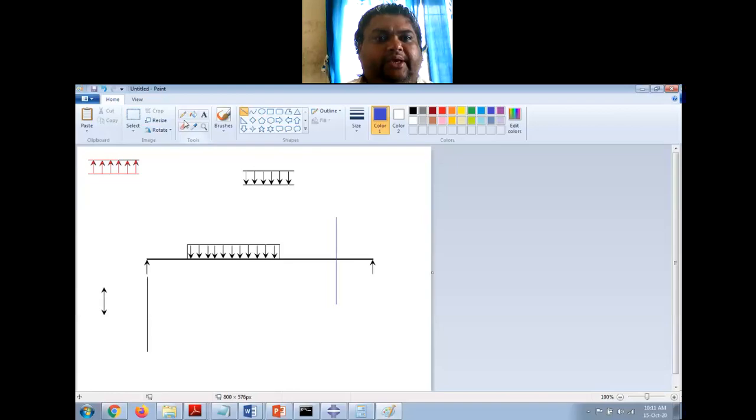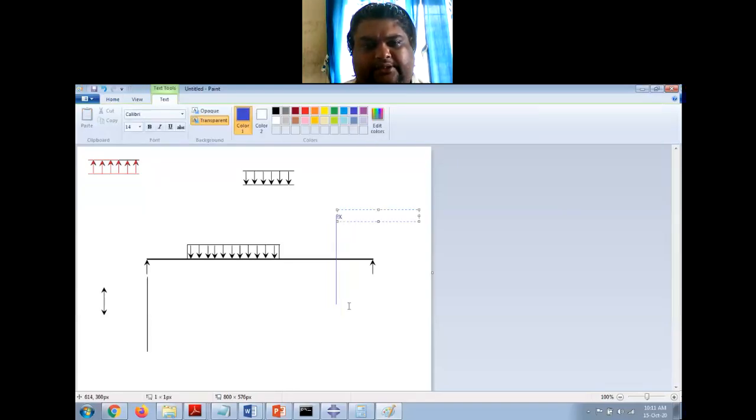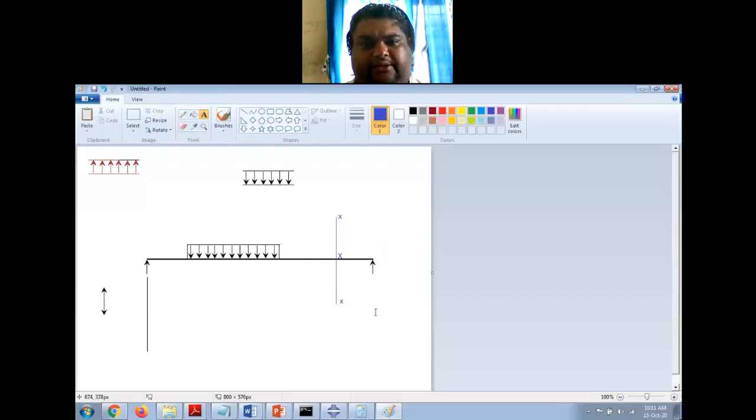So here I am taking XX. I'll call this X and this X, and this point will be capital X. Now the modification you have to do is to extend this UDL till this section X. So, for us to understand better, I made it like this.